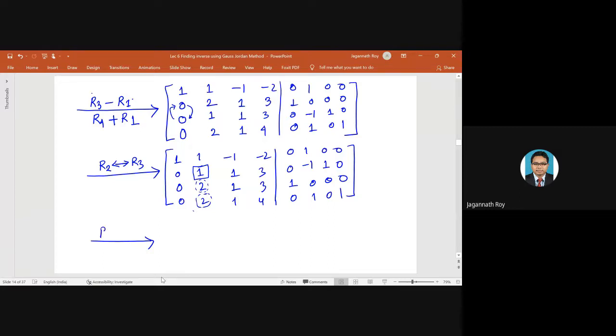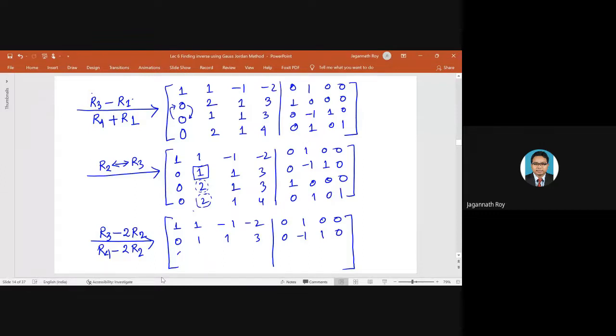So what we do is R3 minus 2 times R2. This is R2 now. And R4 minus 2 times R2. So this will give us another matrix, which we write as: the first row is the same, 1, minus 1, minus 2, 0, 1, 0, 0, then 0, 1, 1, 3, 0, minus 1, 1, 0.